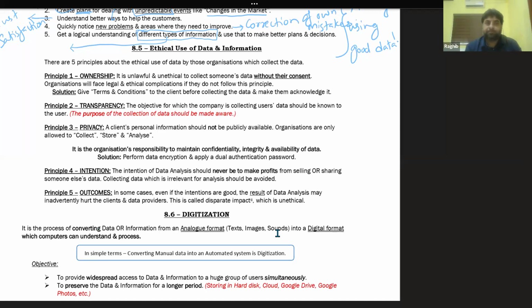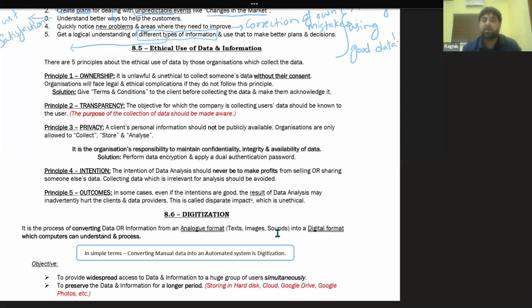So here there are five principles, totally five principles are there, and each one of them is speaking about our personal nature. It's all speaking about our personal nature, nothing related to the computer systems.